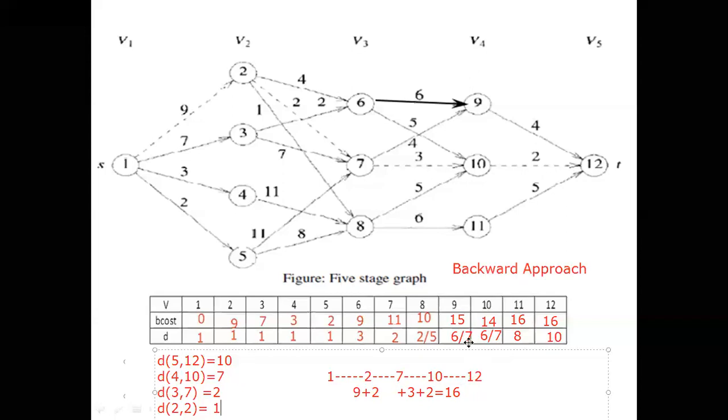I hope it is clear, the backward approach, how to solve, and you have to write this path also, right? In the next slide, I will explain the general formula. The formula only we used to solve it. That formula I will compare with the value of how we solve, so that you will clearly understand. Plus, we will see the algorithm also.